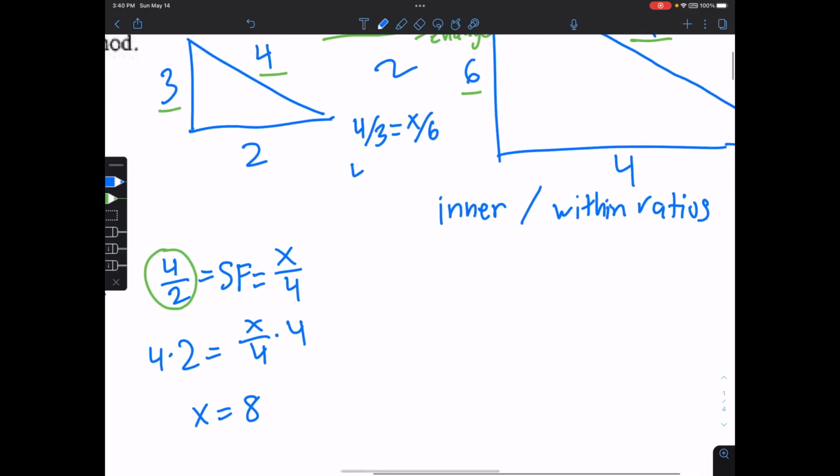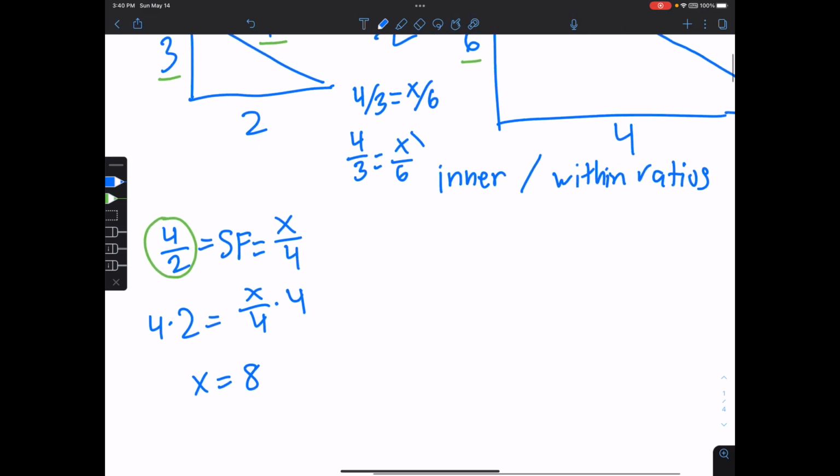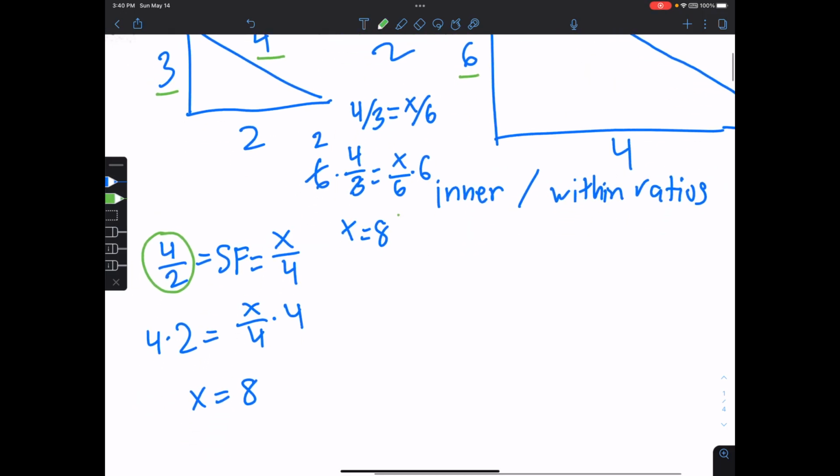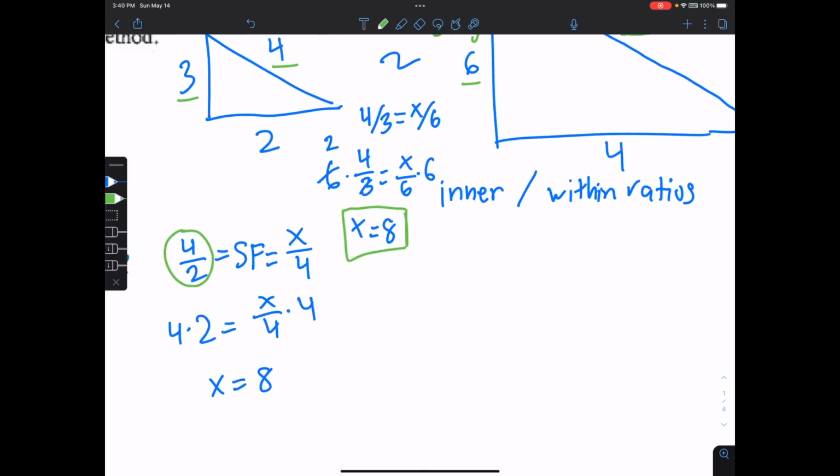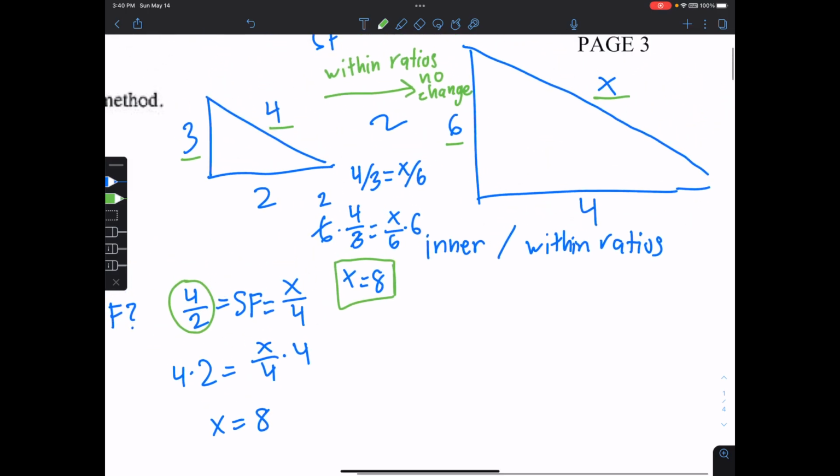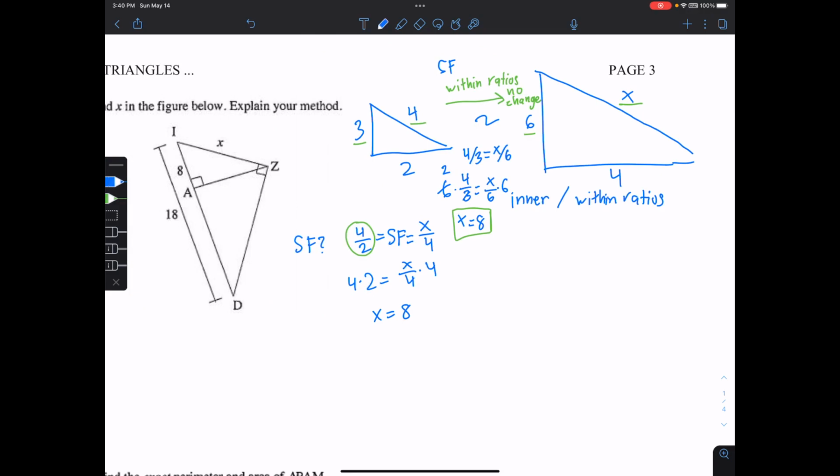Change that to fraction form, and then solve. Multiply both sides by 6, and we get x is equal to 8. And that's our answer again, using within ratios. So that's how we get the ratios that we've seen in class.